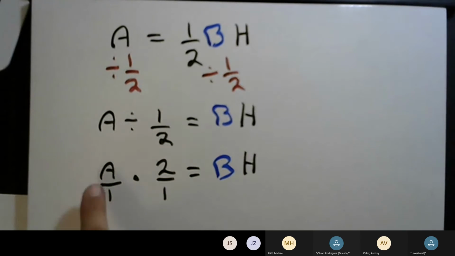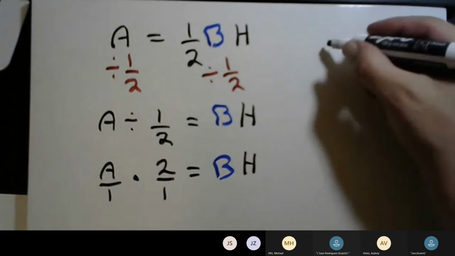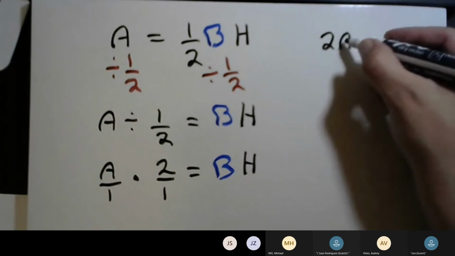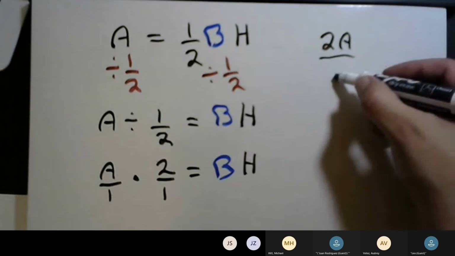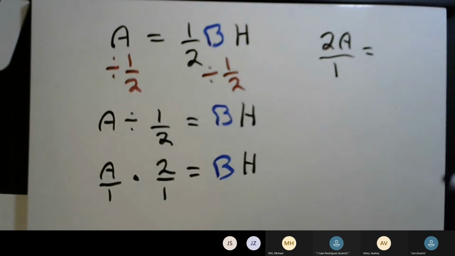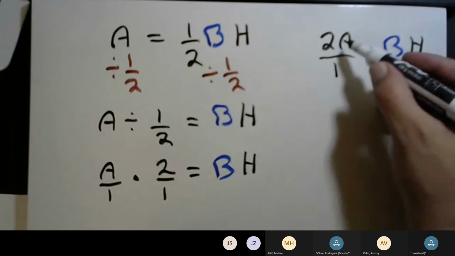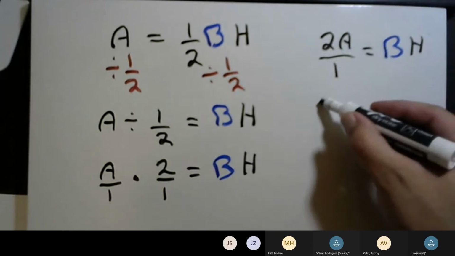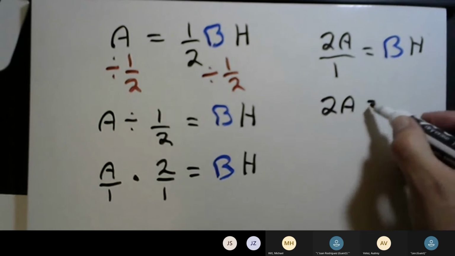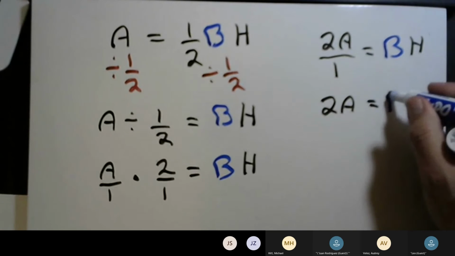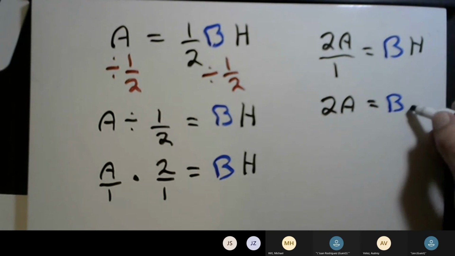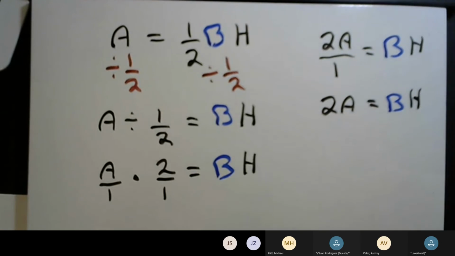So we multiply across. We get 2a over 1 times 1 is 1, is b times h. Now 2a divided by 1 is 2a. And then we have b times h.